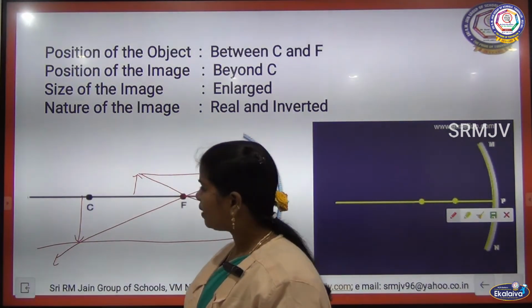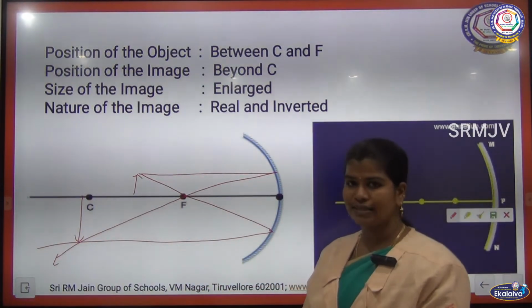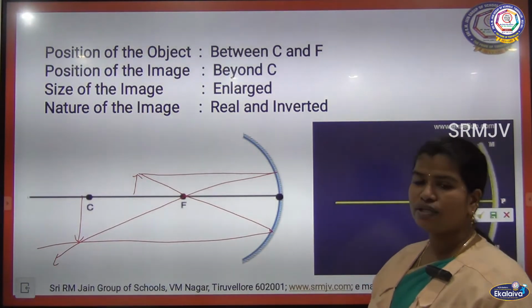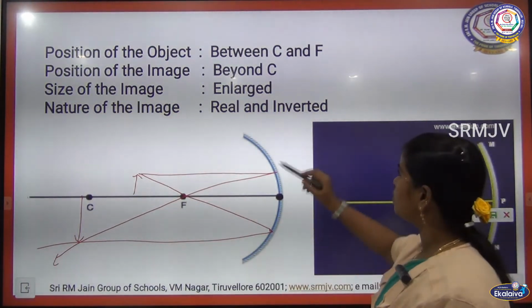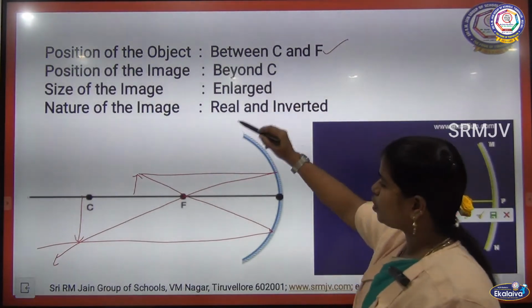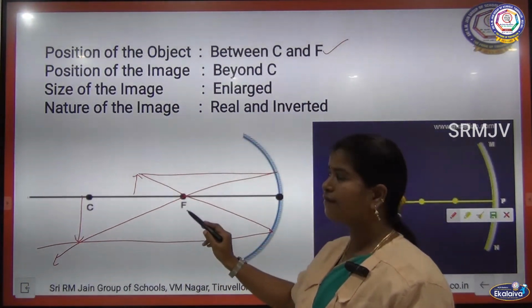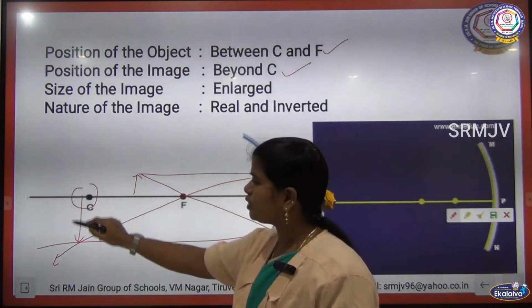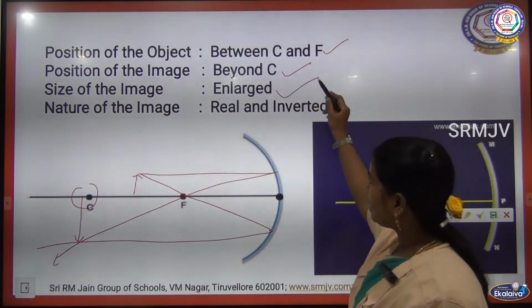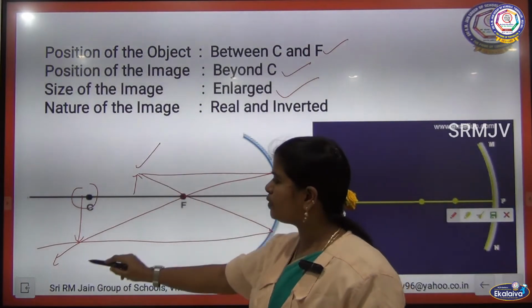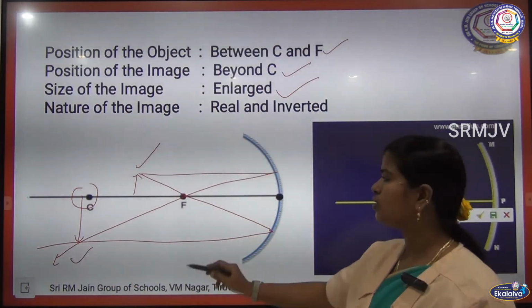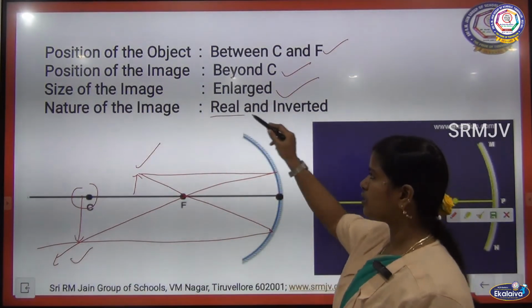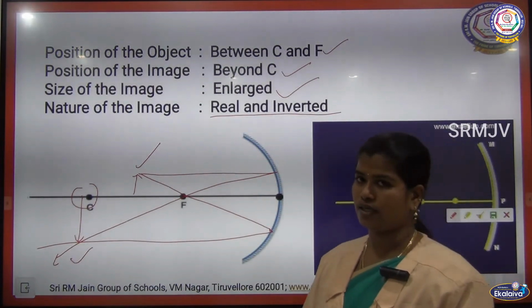The image is formed beyond C, and the size of the image is enlarged. So the position of the object is between C and F, and the position of the image is beyond C. You can see the size of the object and the size of the image. It is enlarged, and it is real and inverted.